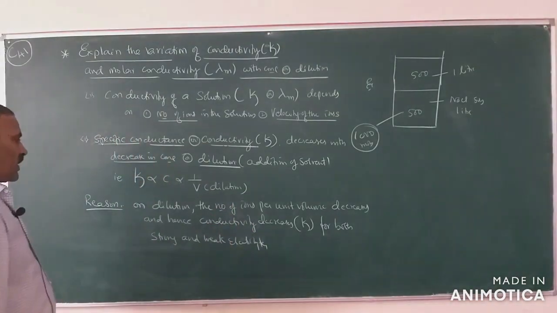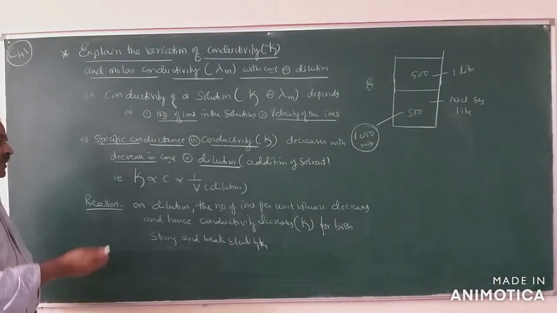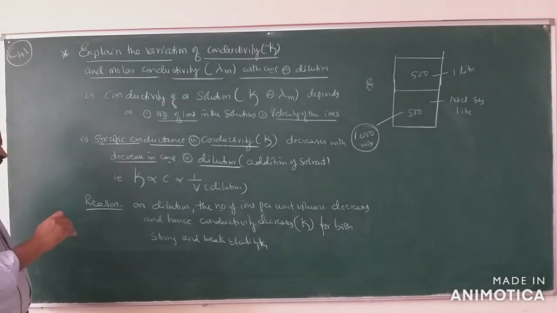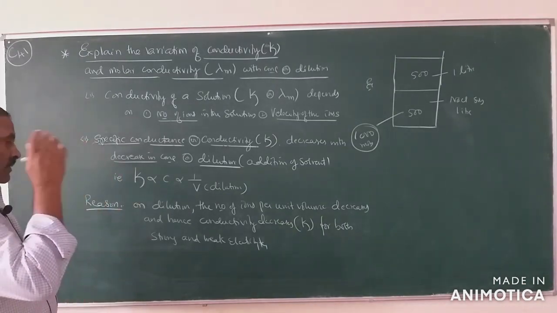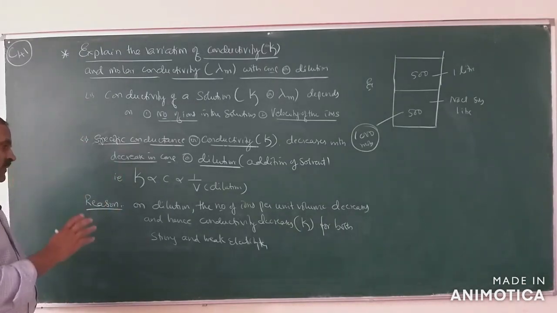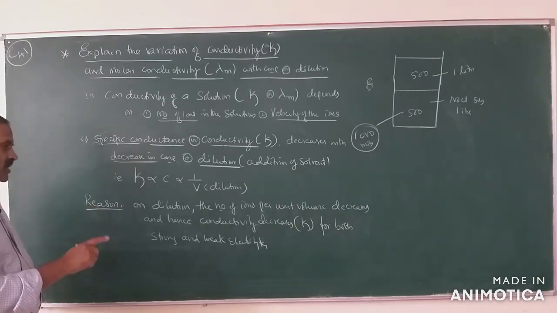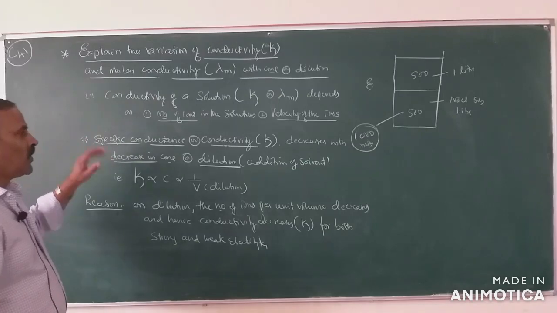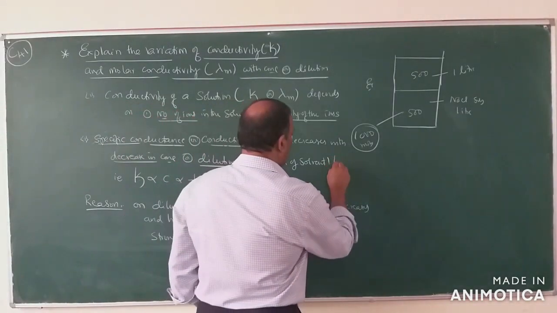So this is very important. What is the effect of dilution on specific conductance? The specific conductance decreases with decrease in concentration or dilution for both strong and weak electrolytes.